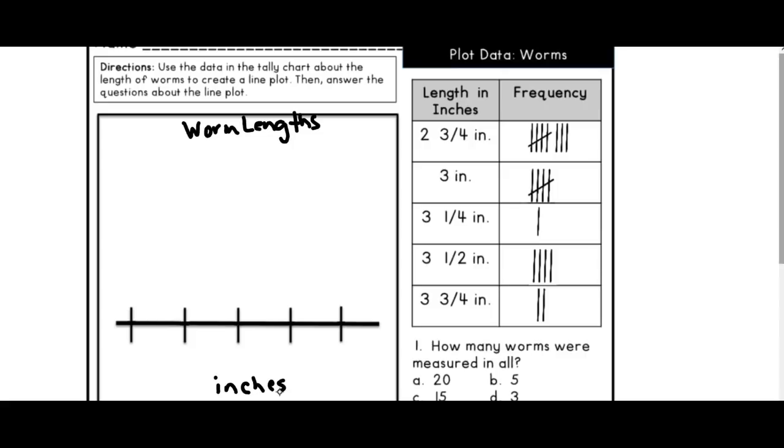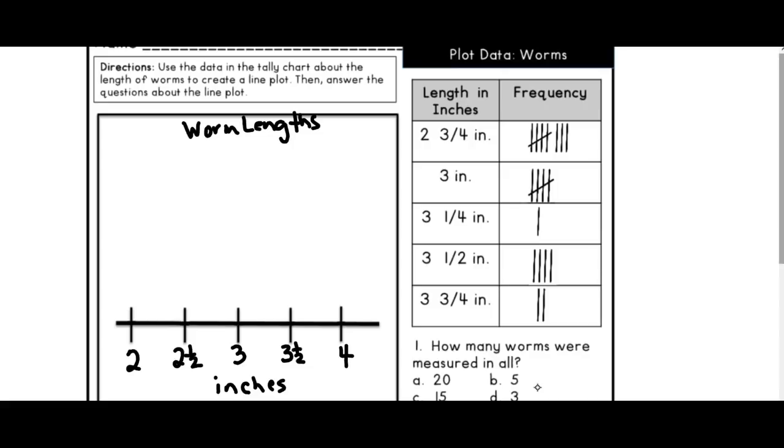Now, I have to go from below 2 3/4 to above 3 3/4. So I've decided to go from 2 to 4. So in between there, I'm going to put 2 1/2, 3, and 3 1/2. Okay, so now we're going to plot our data. So my first value is 2 3/4. Well, I don't have 2 3/4 on the number line, so I have to figure out where that would be.